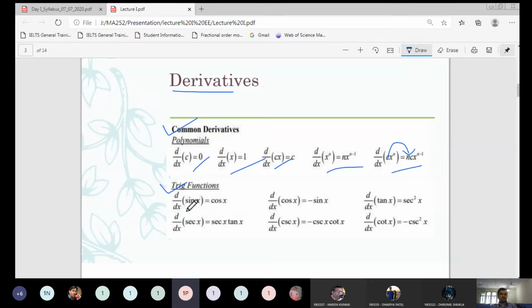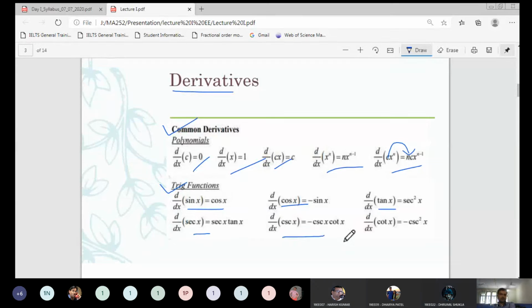Then trigonometric functions. Derivative of sin x is cos x. Derivative of cos x is minus sin x. Derivative of tan x is sec square x. Derivative of sec x is sec x tan x.